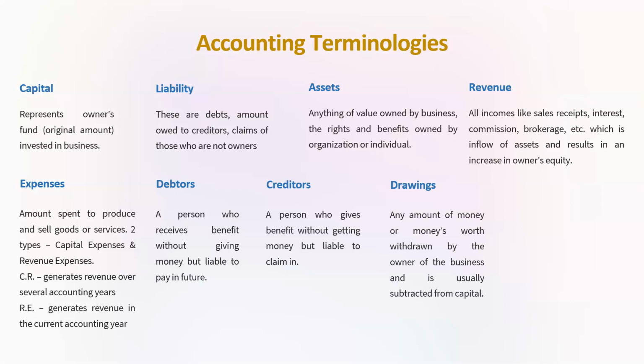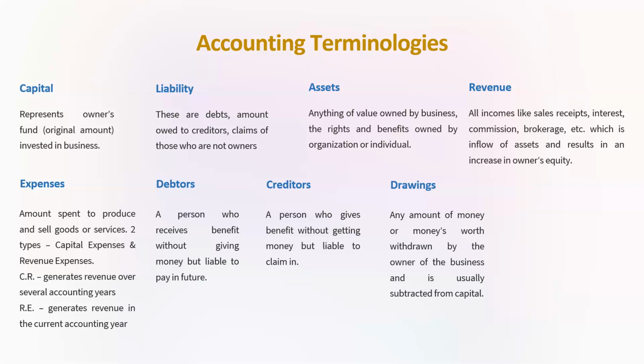Drawings are whatever the owner has withdrawn from the company's account. That is subtracted from the capital the owner has invested. For example, if the owner has invested 10 lakh rupees as capital to start the business, and after some time the owner takes back or draws 2 lakh rupees.